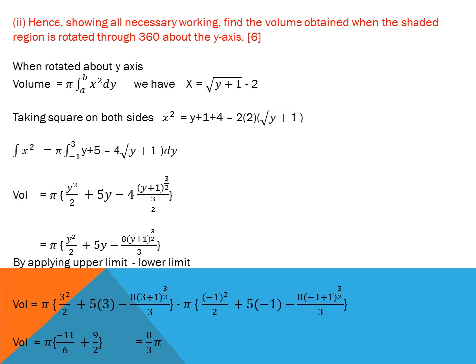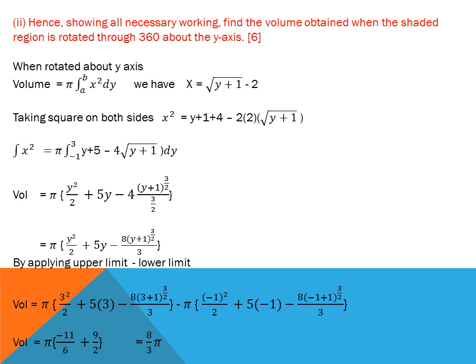If the region is rotated 360 about the x-axis, then y square should be the subject, and we use the formula volume equals pi integral from a to b of y square dx. But here he is asking about rotation through 360 degrees about the y-axis, so x square should be the subject.